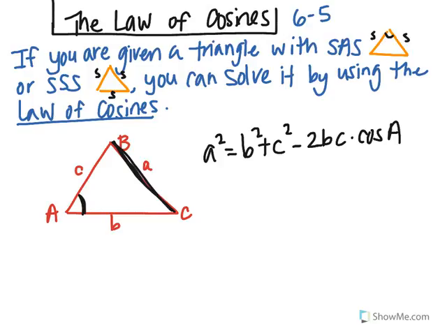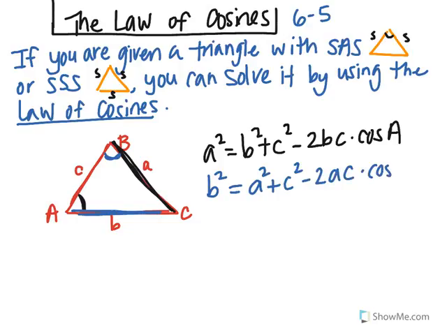Then you take the other two sides squared and plug them into the formula. Let's say you want to find side b. Now you're going to use this side right here, so we're going to use angle B in the formula. b squared is equal to the other two sides squared, a squared plus c squared, minus twice a times c times the cosine of angle B. Let's say you wanted to find side c.